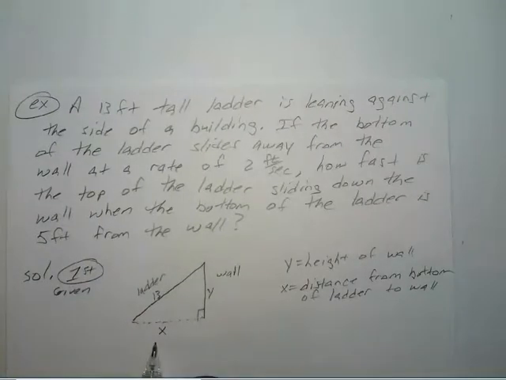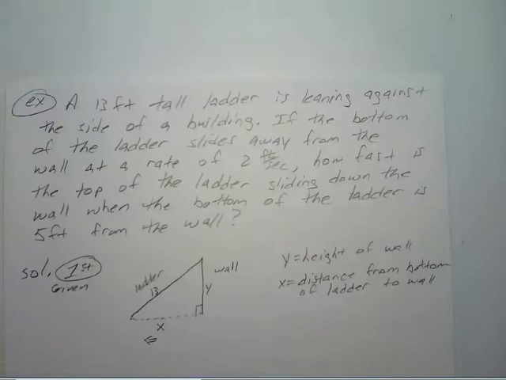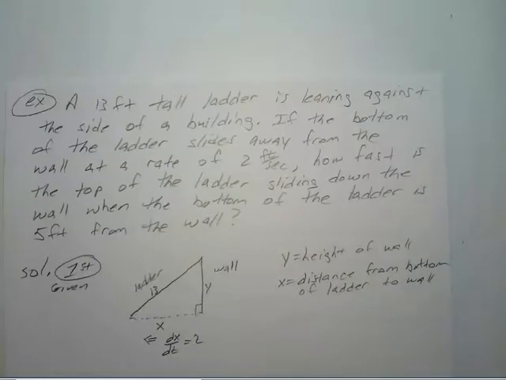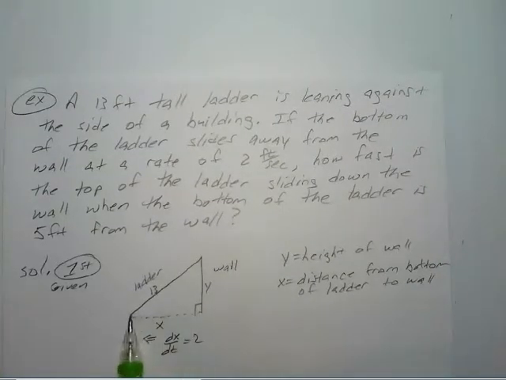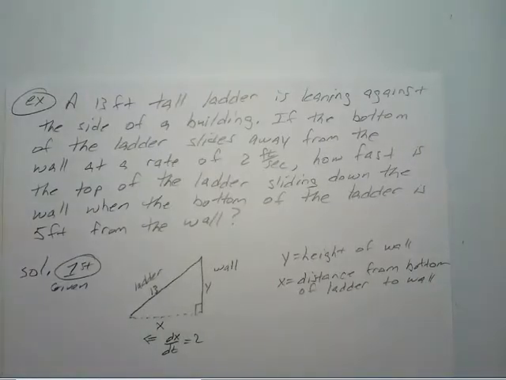So the bottom is going that direction, and the rate of change of x with respect to time is equal to 2. That x is getting bigger and bigger as that part slides out. So the rate of change is equal to 2.